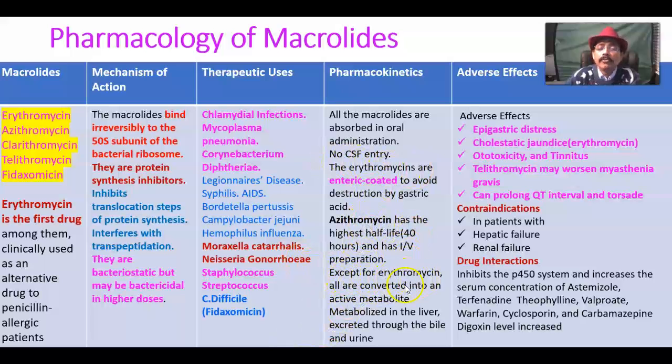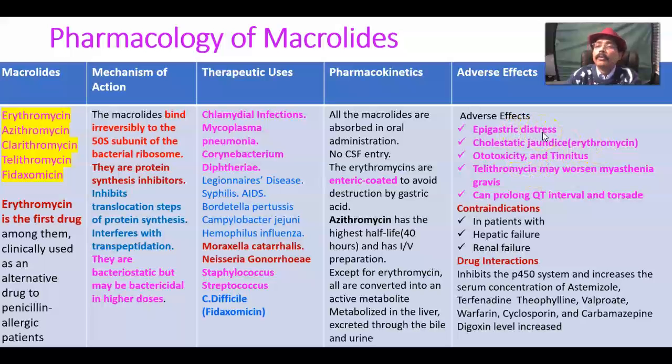Except for erythromycin, all are converted into an active metabolite, metabolized in the liver, and excreted through the bile and urine. Clarithromycin is excreted around 50% through the urine.